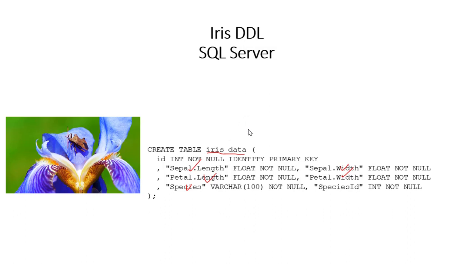One note is that because we used dot notation here, we have to enclose those attributes in double quotes. Also, the primary key is going to be the species ID, and it is of type identity, and that is built automatically and it increments automatically.